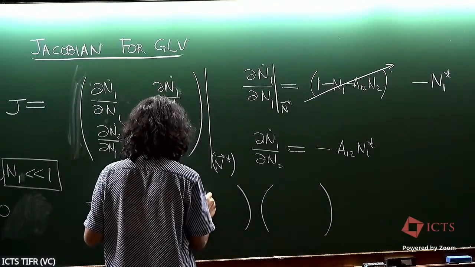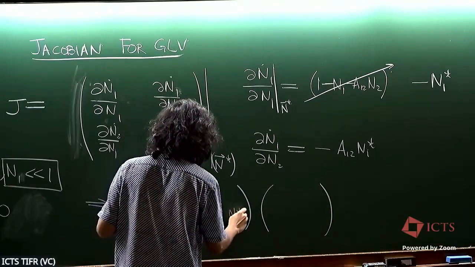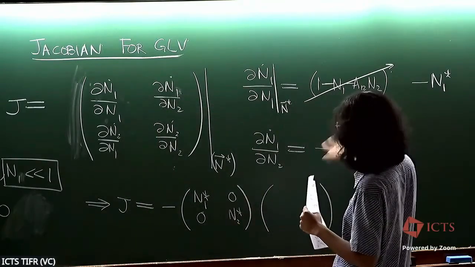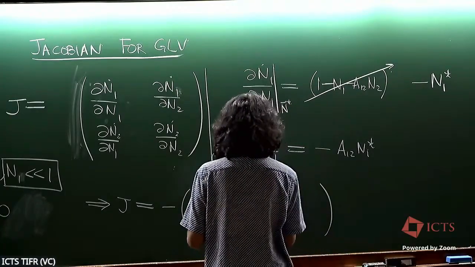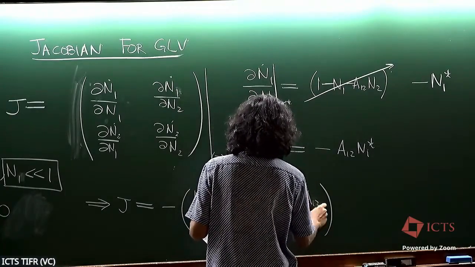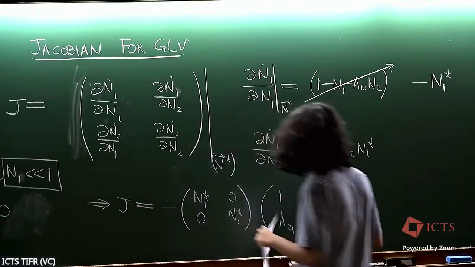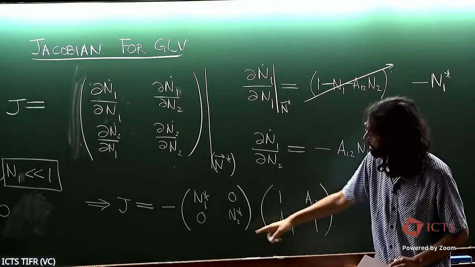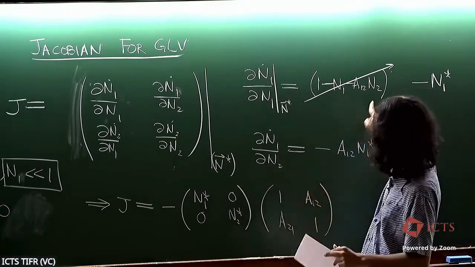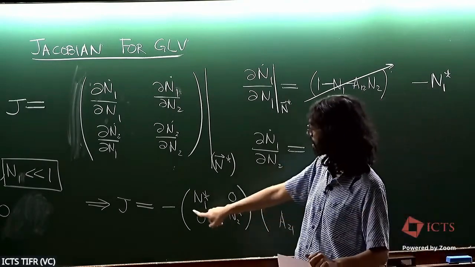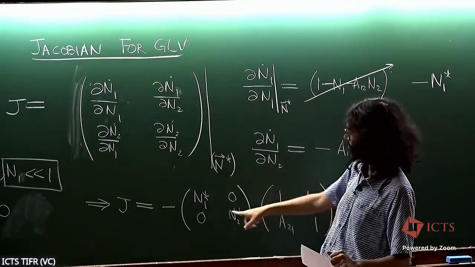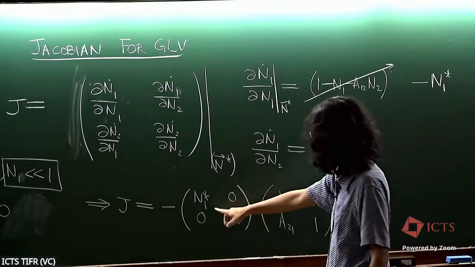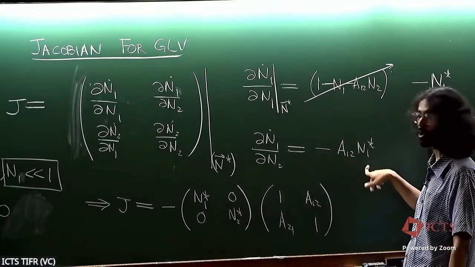You'll end up with n1 star, n2 star, 0, 0. That's a diagonal matrix which contains our fixed point. And then this is another matrix. And what does this look like? Let's just verify that it's correct, at least for these two things that we evaluated. So the first entry seems to be minus n1 star, and the second entry seems to be minus a12 n1 star.